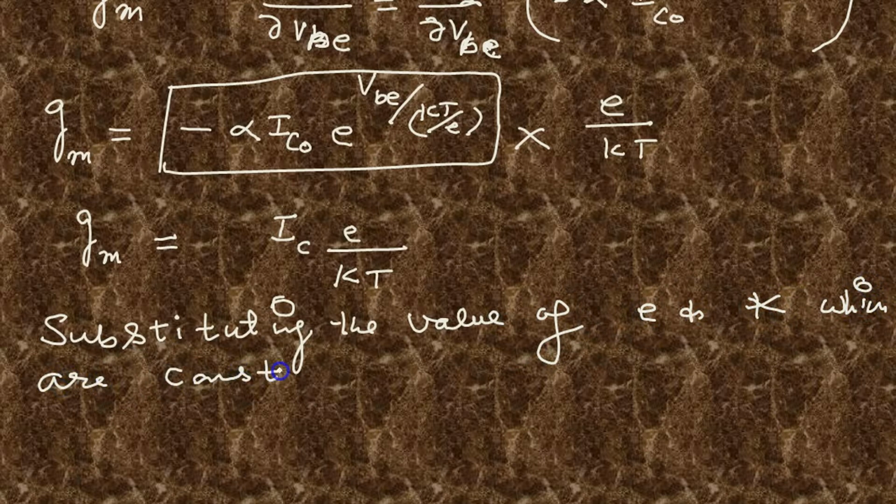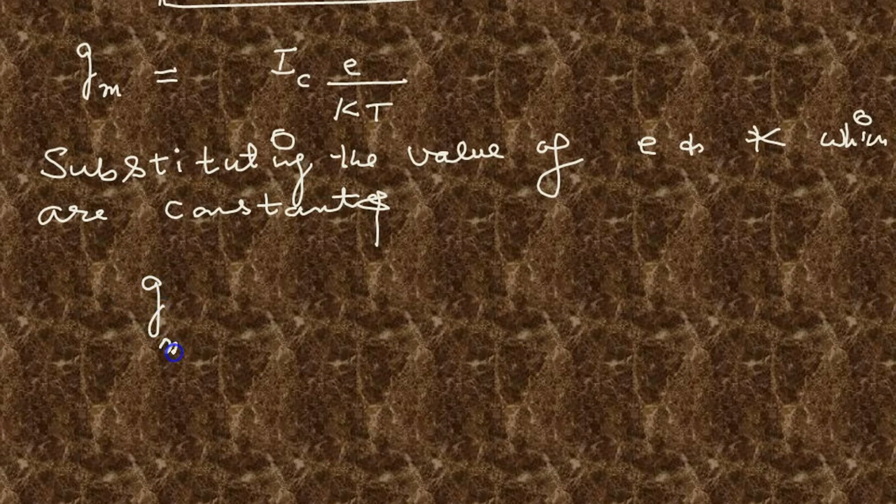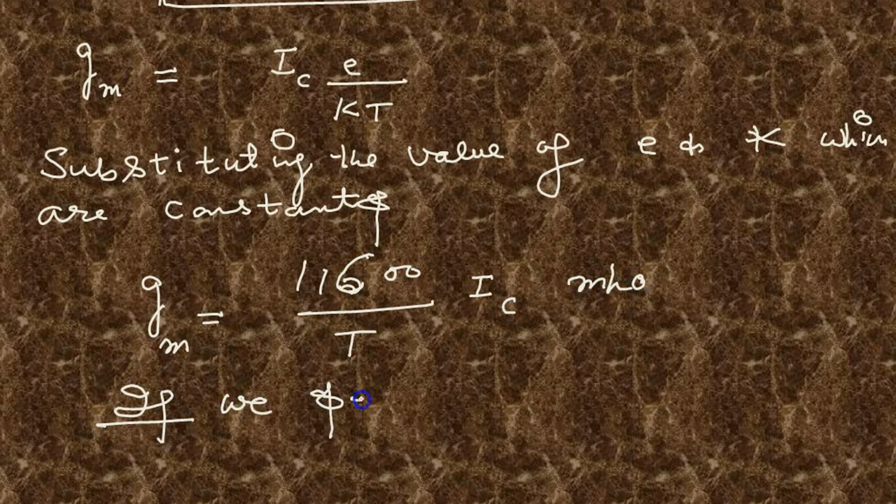E is the electron charge and K is the Boltzmann constant. Substituting the electronic charge and Boltzmann constant, that comes out to 11600 upon T into IC. That is in mho because it is conductance.